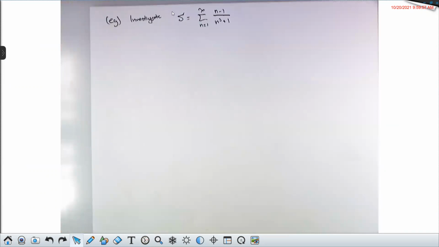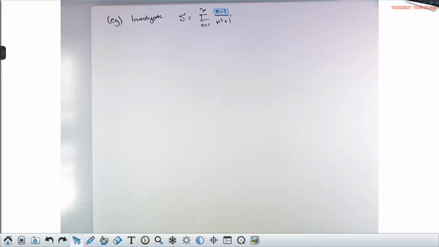So again, before we even get started, you want to take a look at this thing and come up with a guess, because that guess is going to inform how you build your inequality. What's the most significant term in the numerator? Very good, n, right?